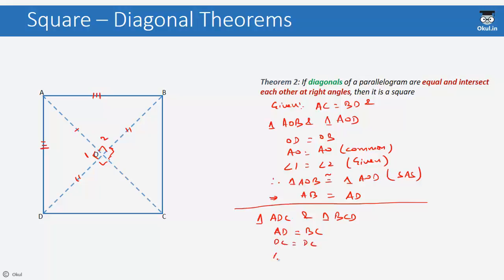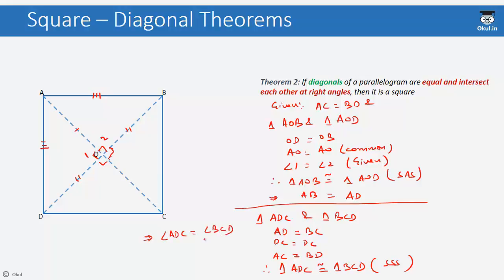AC is also equal to BD because it is already given that diagonals are equal. Therefore, I can say that triangle ADC is congruent to triangle BCD by SSS rule, which implies angle ADC is equal to angle BCD.